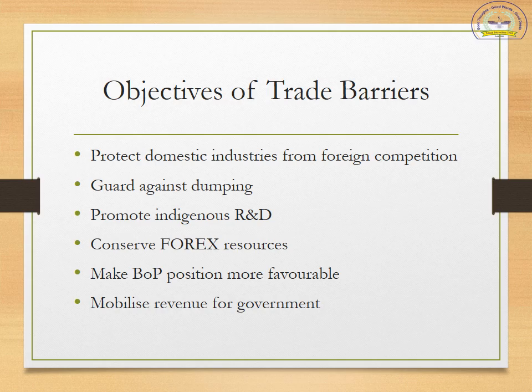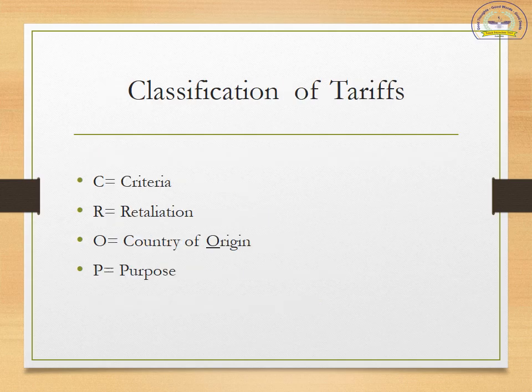These trade barriers are taxes which are imposed by the government on imports and exports, and it also helps in mobilizing revenue for the government. Trade barriers, if used judiciously, can help make the economy self-reliant. Trade barriers are of two types: tariff barriers and non-tariff barriers.